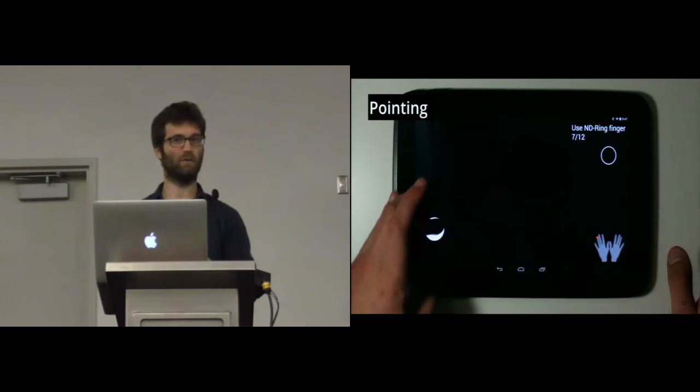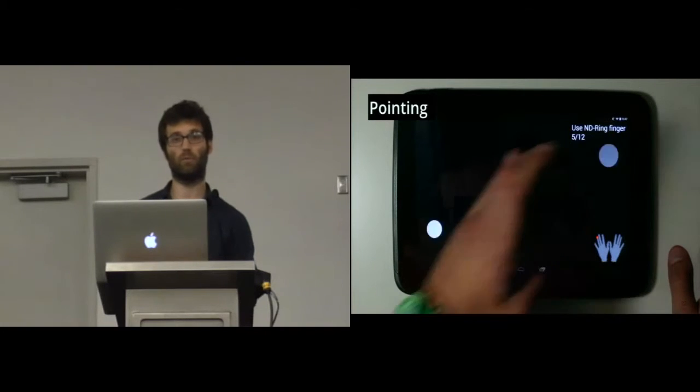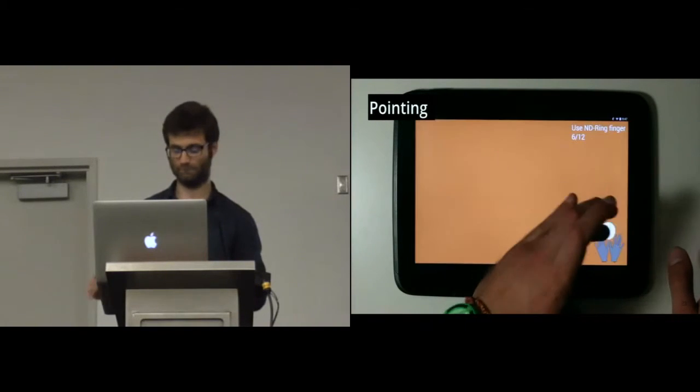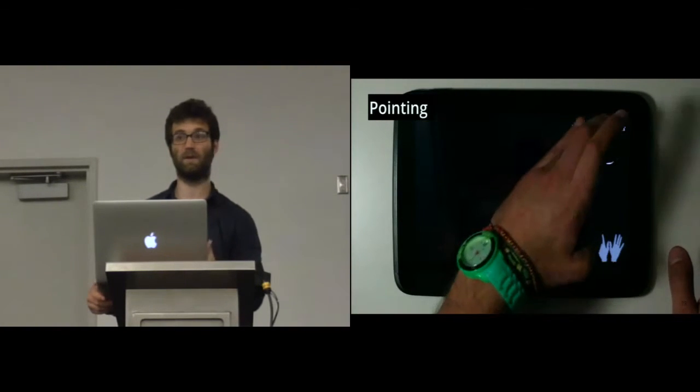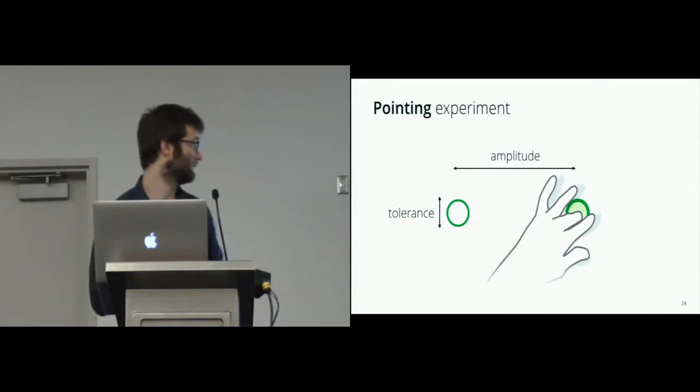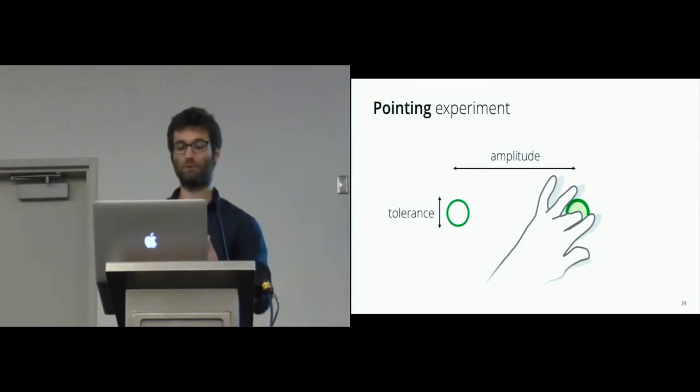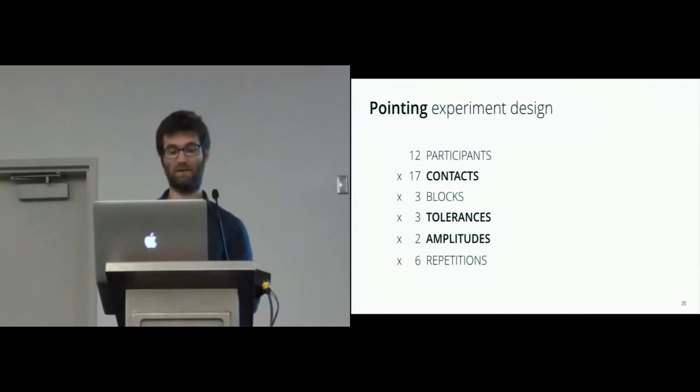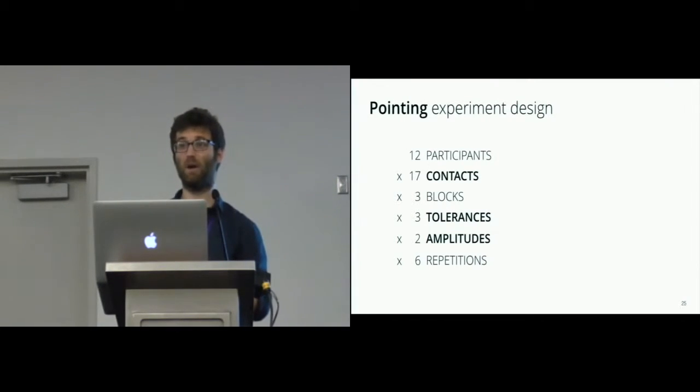Unlike in the first experiment, they were provided feedback whenever there was an error. As in the classic setup, the tolerance was the diameter of the target, and the amplitude was the distance between the centers of the start area and the target area. Here is the experimental design: contacts, tolerances, and amplitudes were our independent variables.